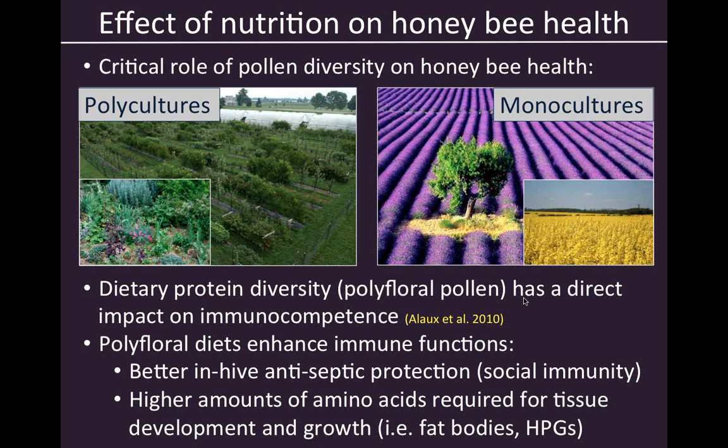Recent studies have shown that polyfloral diets, that is, the diet that comes from bees being able to collect pollen from a variety of sources with different amino acid contents, and different amounts and quality of proteins, have better in-hive antiseptic protection, which gives bees this social immunity to combat diseases.